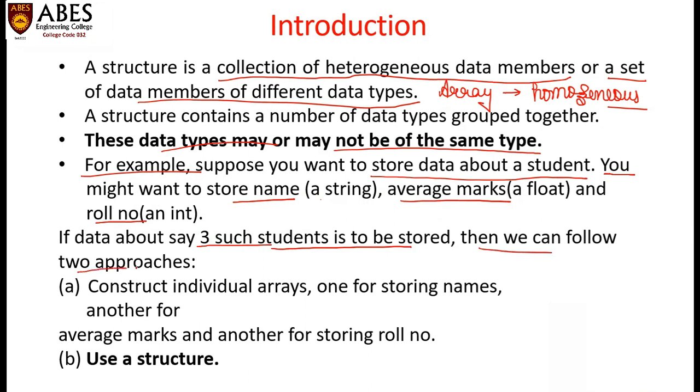Similarly, if we want to store the details about 3 students, there can be 2 approaches through which we can solve this problem. The first one is we can construct individual arrays for holding the details of 3 students: one for storing the names, another for average marks, and another for storing the roll numbers. So this problem can also be solved with the help of arrays, but we have to maintain separate arrays for these data members.